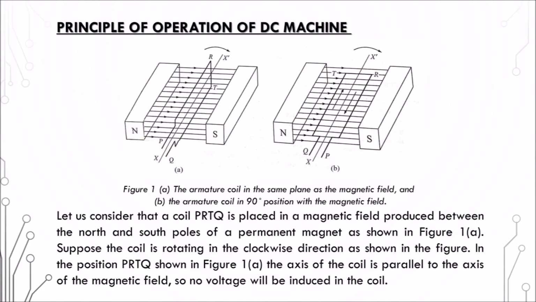Now, let us discuss the principle of operation of DC machines. Let us consider that a coil PRTQ is placed in a magnetic field produced between the north and south pole of a permanent magnet as shown in figure 1A.